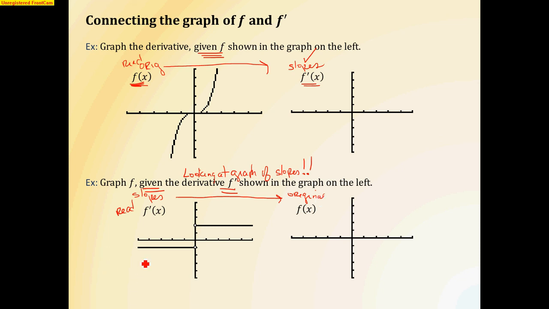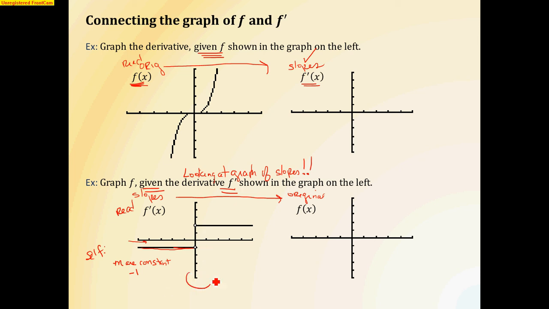So I have to say to myself here, self, as you go through this domain, the slopes are constant. And the slope is constantly what? What value? -1.